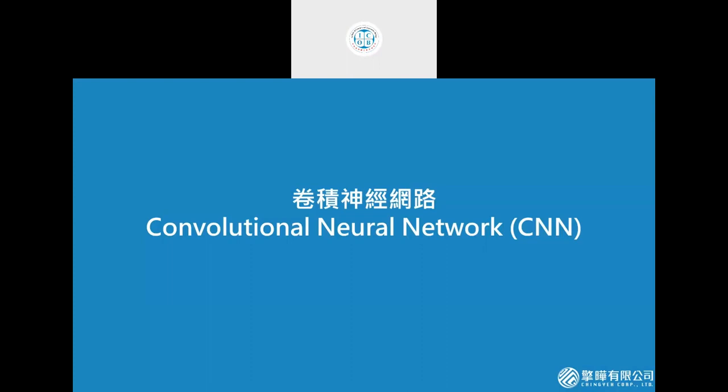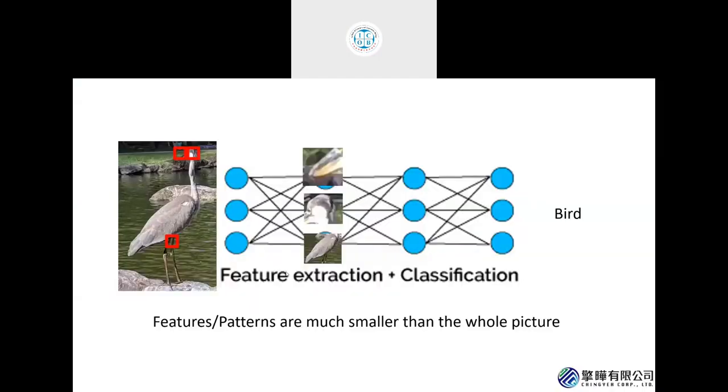So for image processing, we propose that you use the convolutional neural networks. How does it work? This was the example. This is a picture of a bird, right? So how do you identify it is a bird instead of a cat? I think it is because you see they have a very thin beak, and they have some eyes.